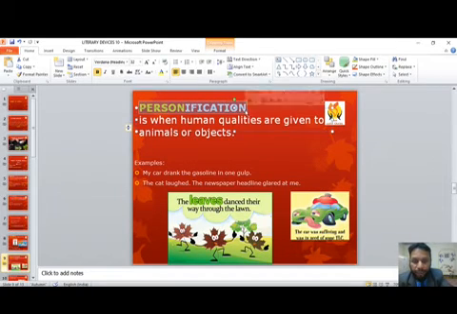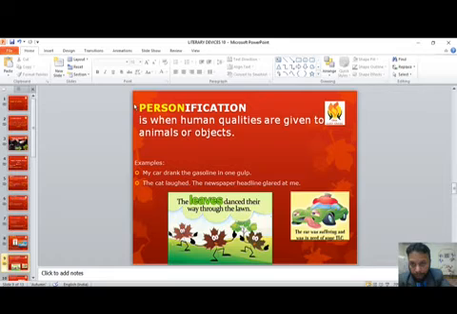You can also say that I entered the classroom and all the chairs and the tables spoke, the tragedy happened with them. In reality, the tables and chairs cannot speak.